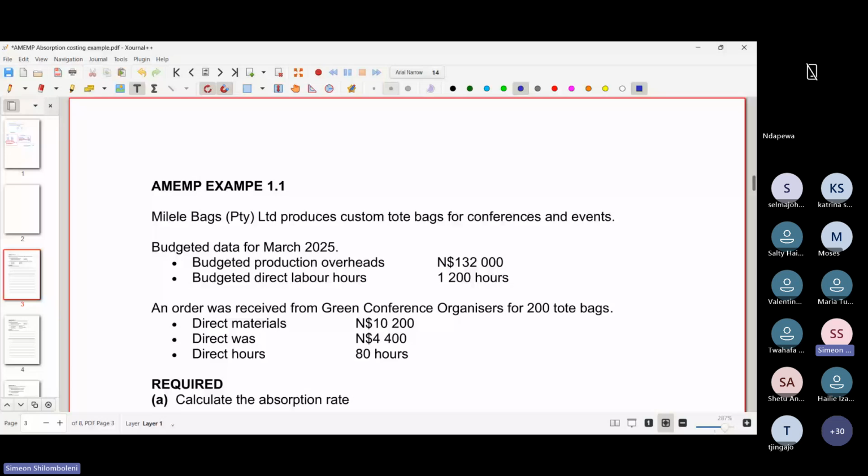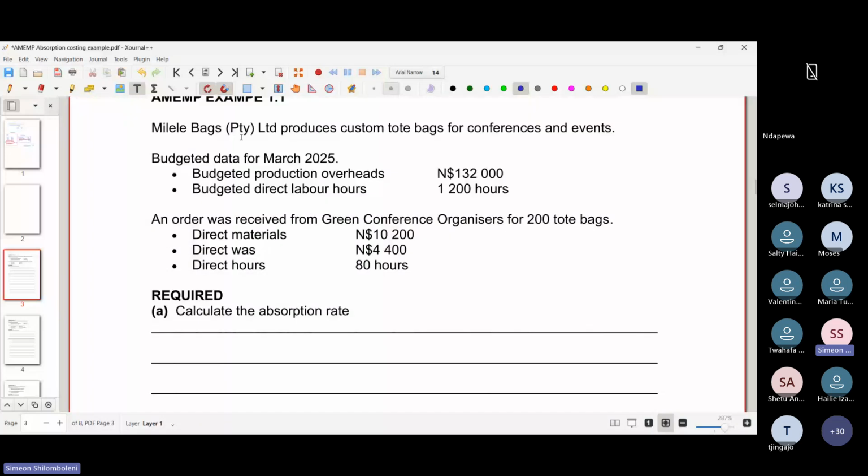Milele Bags produces custom bags for conferences and events. So this business produces those laptop bags, sort of. Now in March, they believe that this is going to be their factory overheads. What is this factory overhead made up of? It's made up of rent, salaries, electricity.